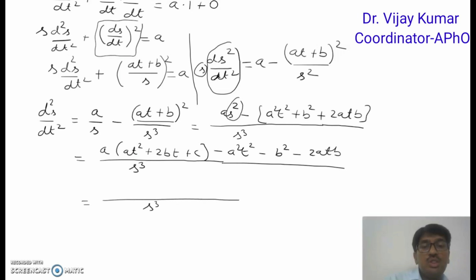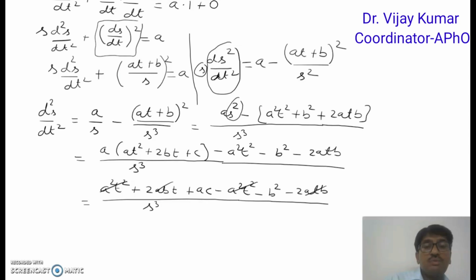It becomes a square t square plus 2abt plus ac minus a square t square minus b square minus 2atb. A square t square cancels out and 2atb cancels out, and it becomes ac minus b square upon s cube.